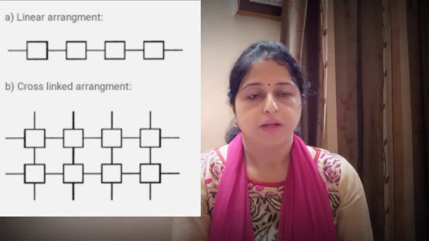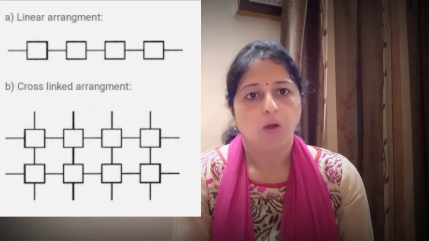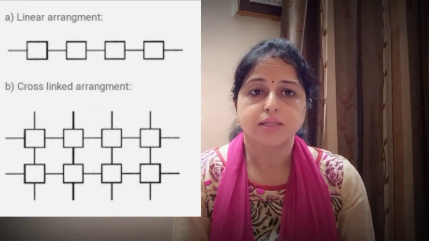It can have linear arrangement of monomers or it can be cross-linked arrangement of monomers. So plastics can have either linear arrangement or cross-linked arrangement of monomers.